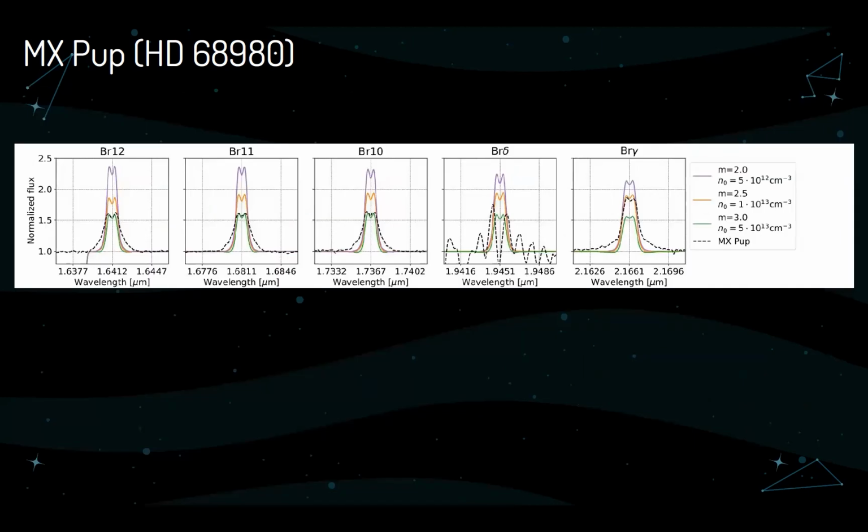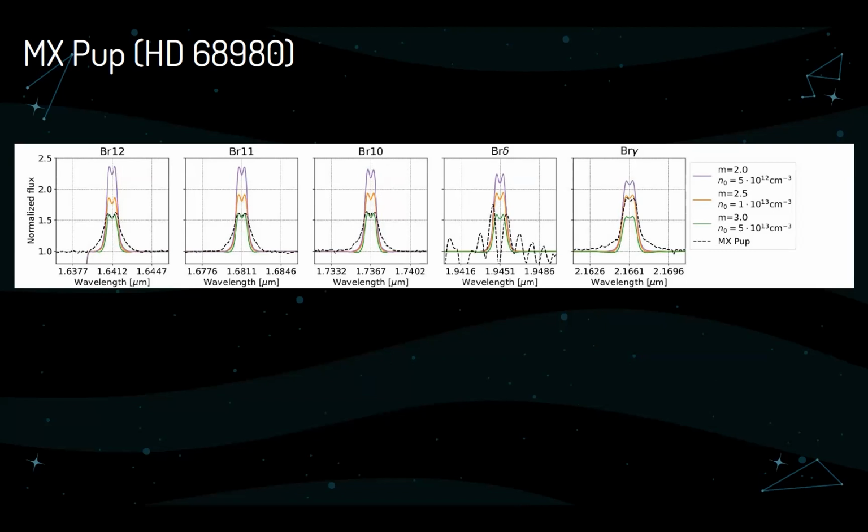And we also overplot the spectra. The red lines are the real spectra, and the other ones are the different models, the models that fit better in the other diagrams.